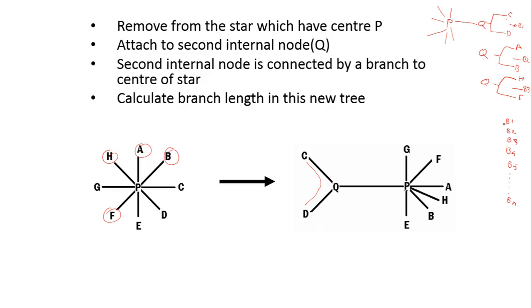Of these branch lengths, you would try to figure out which one is the lowest. Say, for example, you end up identifying B4 as the lowest number among all the calculated branch lengths, and say this B4 corresponds to the branch length of A and B. So this is the shortest branch length.